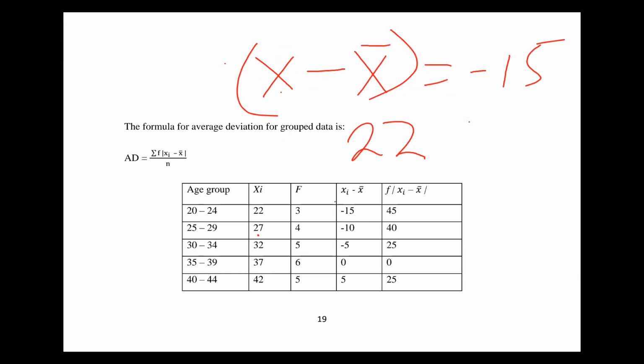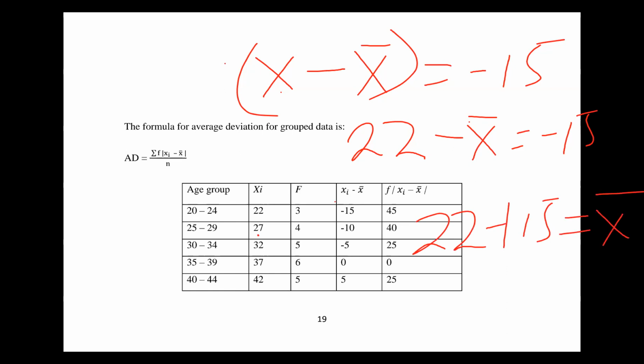So 22 minus x bar is equal to negative 15. We want to get the x bar, so from there you can collect like terms together. So it will be 22 plus 15, that should be equal to x bar, right? What do you find as the x bar? It should be 35, isn't it? Or 37. What is 22 plus 15?